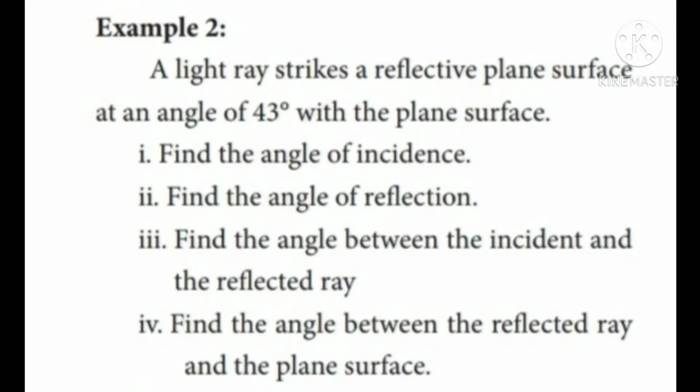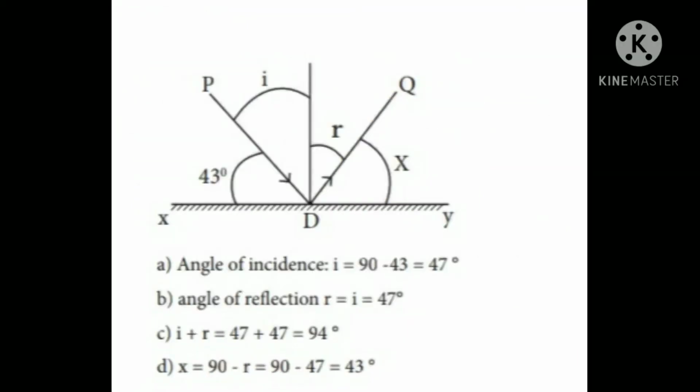Example 2. A light ray strikes a reflecting plane surface at an angle of 43 degrees with the plane surface. Find the angle of incidence, find the angle of reflection, find the angle between the incident and the reflected ray, and find the angle between the reflected ray and the plane surface. We can solve this problem using this figure. Here it is asked to find the angle of incidence.